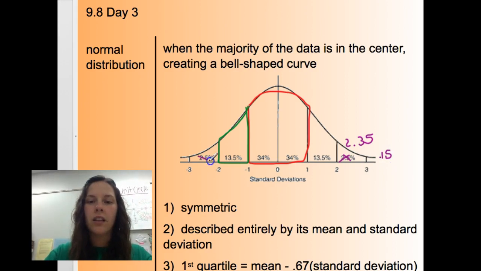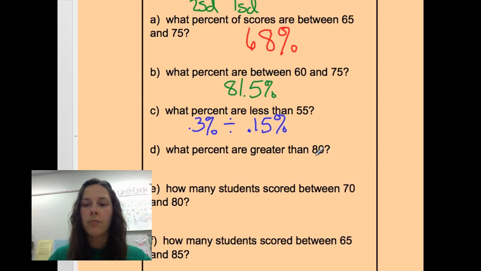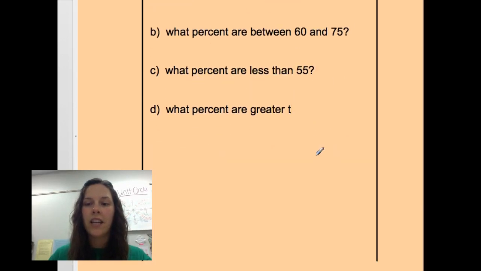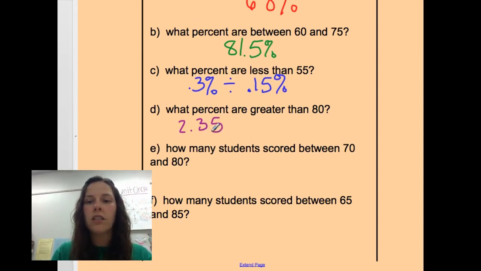And same thing on the other side. So when we're looking at our example and we're looking at percent greater than 80, we're going to take that 2.35 that's between the 2 and 3 standard deviations plus the 0.15 that's greater than 85, and that will give us that total of 2.5%.